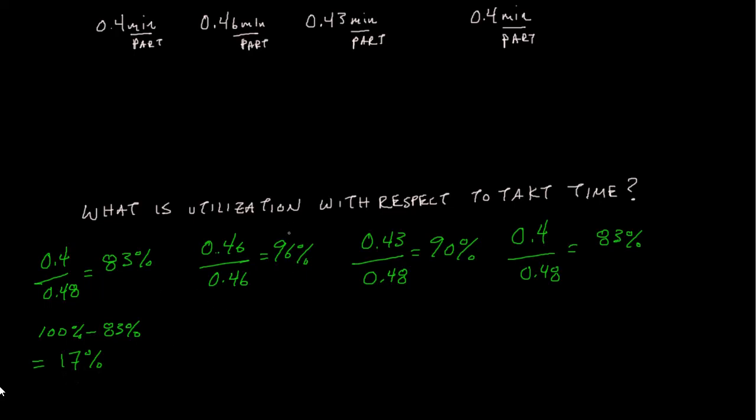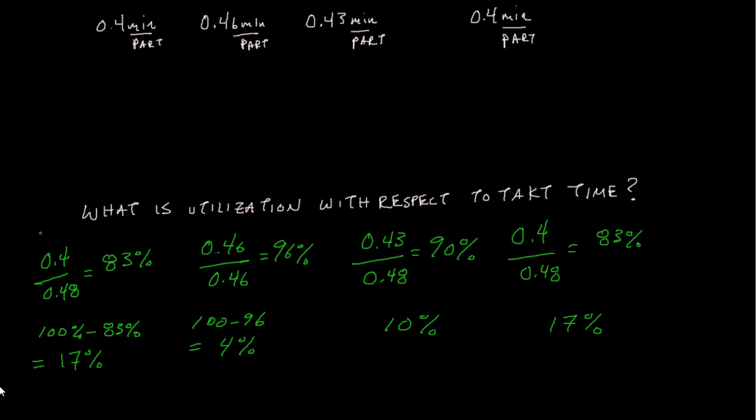It might also be possible that the operator takes more than 0.4 to stretch out the time. That's always a possibility. Using the same math on 100 minus 96, I get 4%. So they're working fairly close to takt time. Here they're working 10%, and again 17%, using the same math.